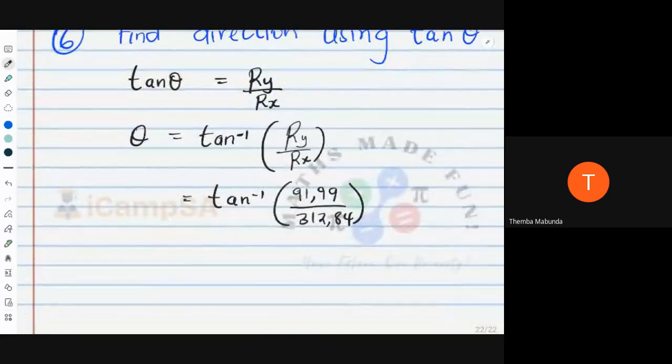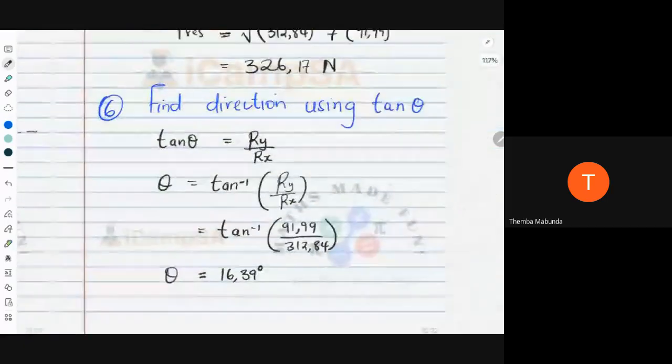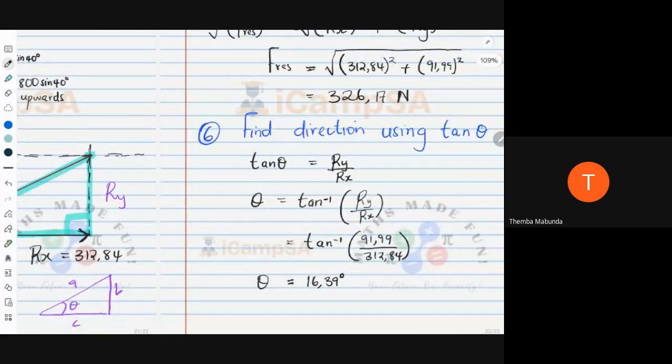Thank you very much. Some people prefer to use 1 decimal when it comes to angles, but I usually prefer 2 decimals. So take note of that as well. 16.39 what? Yes, degrees.